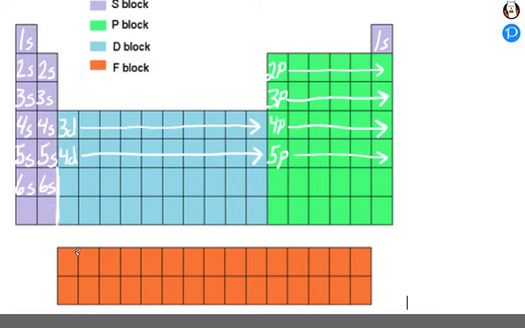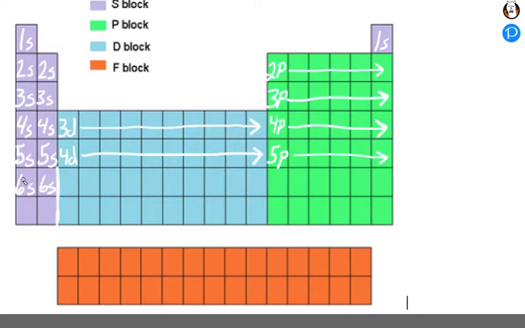That's because this whole block right here essentially is supposed to fit in that spot right there. So really this whole periodic table should be shifted to the right, and this should be in this spot here. But it is just easier to print on a sheet of paper if we take that out and put it down here. But this row would have to fill first in here, and then this row.